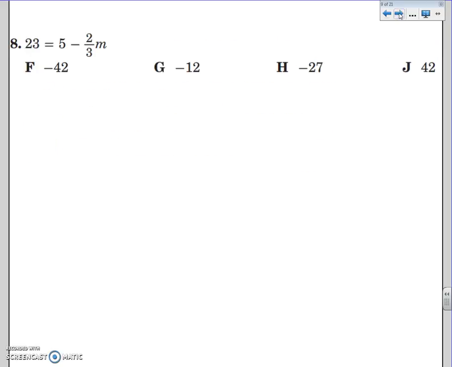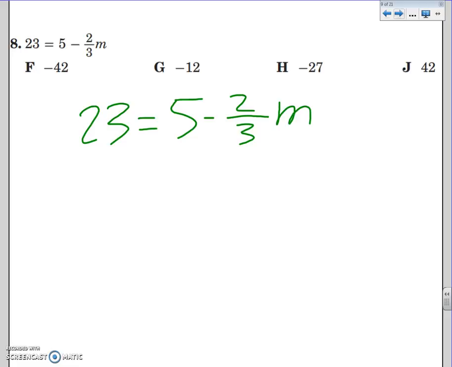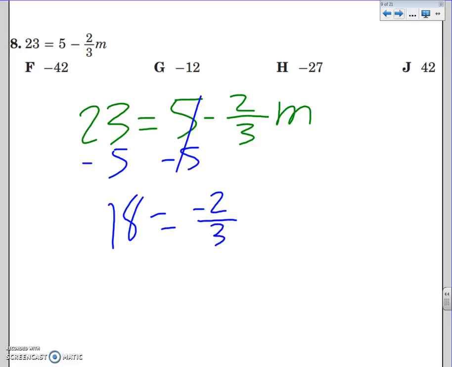Okay, solve for M. Well, let me rewrite the problem here. All right, get M by itself. Fun fact, you actually can divide both sides by negative 2/3. That's totally allowed because that's negative 2 over 3 times M. But the official way would be get rid of that denominator.